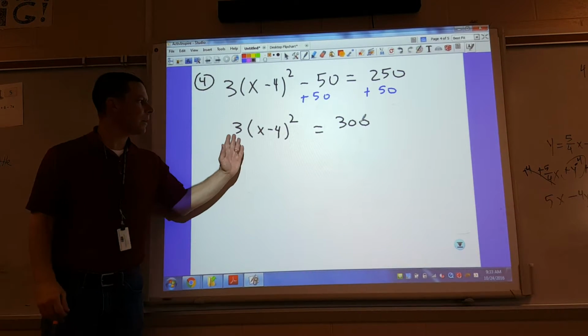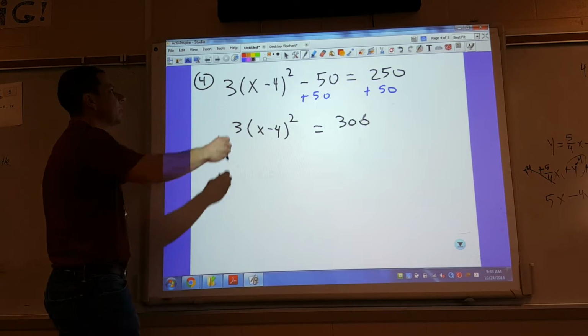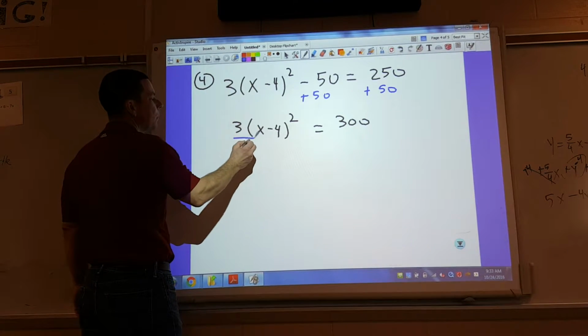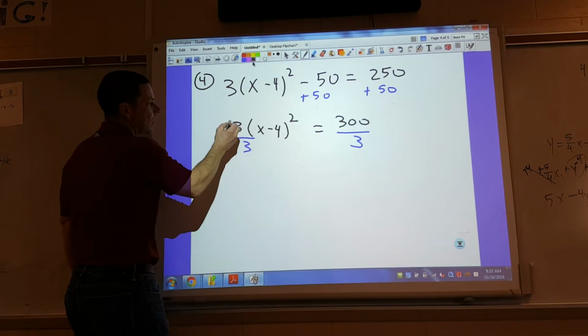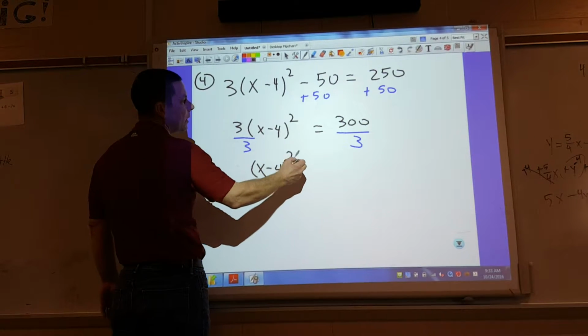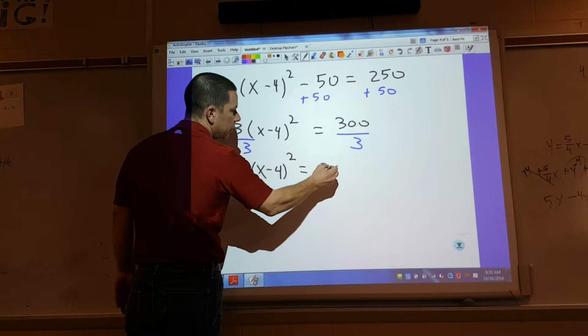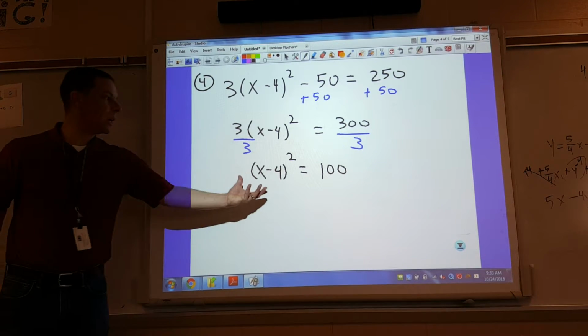All right, now we see we've got this 3 multiplied by our square term out front, so to undo that multiplication, we will divide both sides by 3. Now, the 3's go away, we have x minus 4 squared equals 100. So we have our square term isolated.